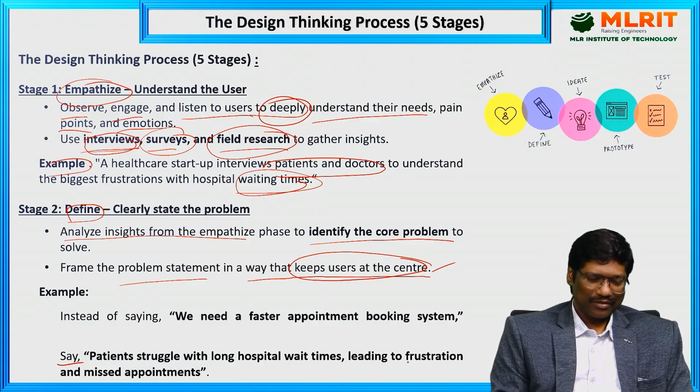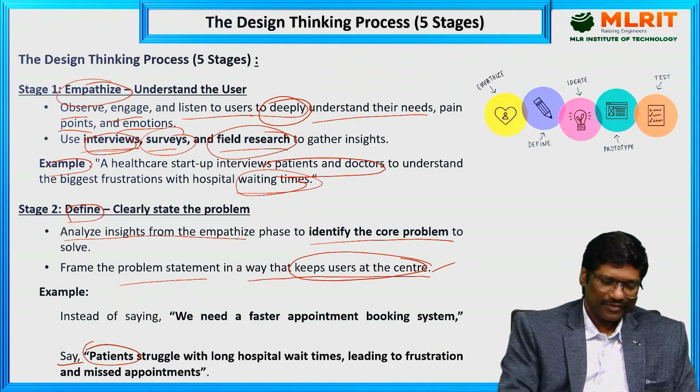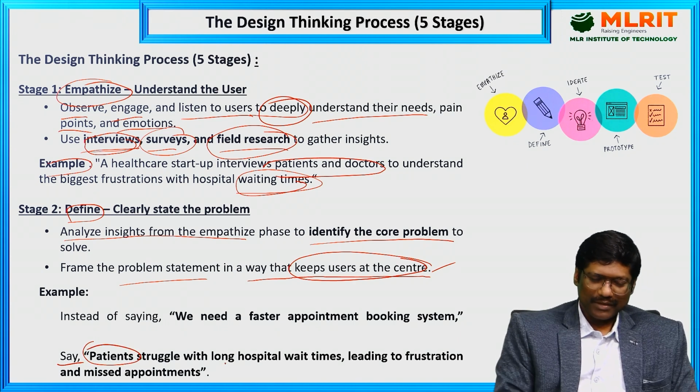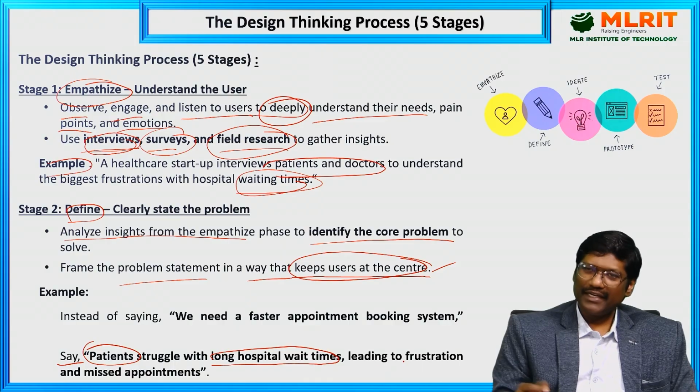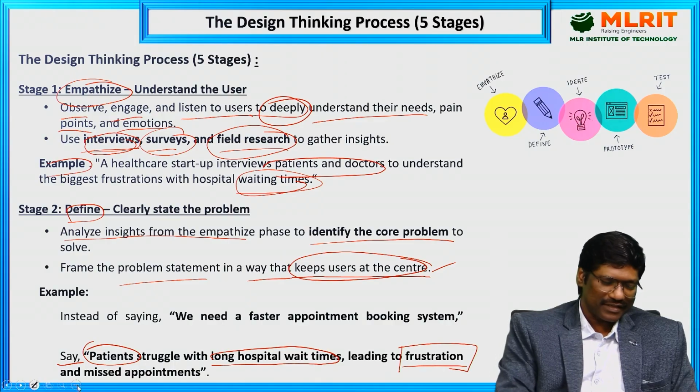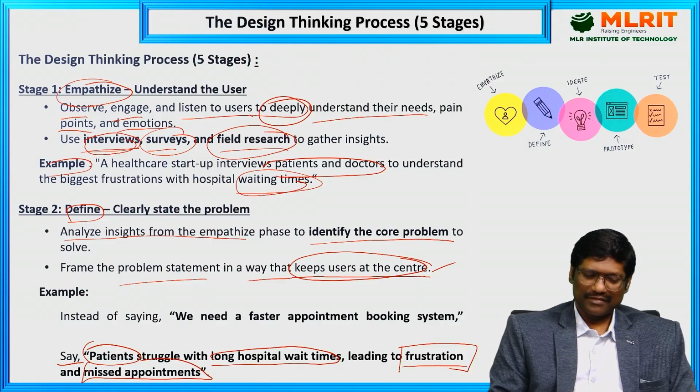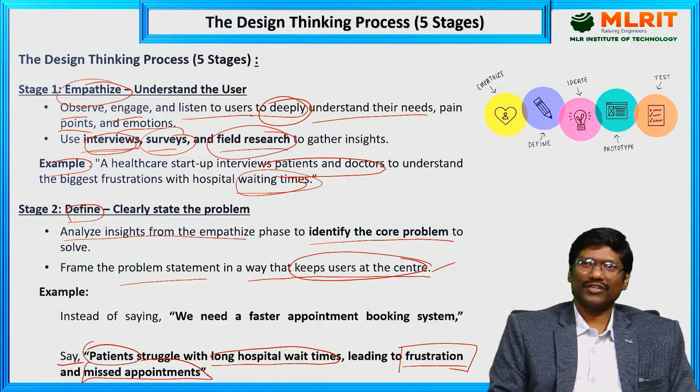So patients, the users. What is the pain area? Long hospital waiting times, leading to the final results: frustration and missed appointments. This is really a frustration for the users.